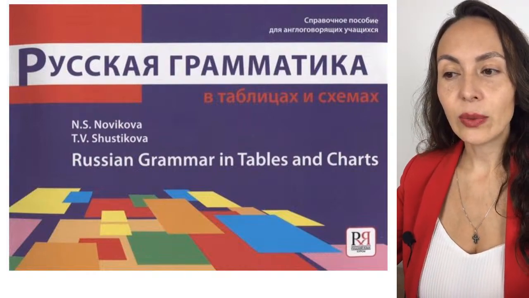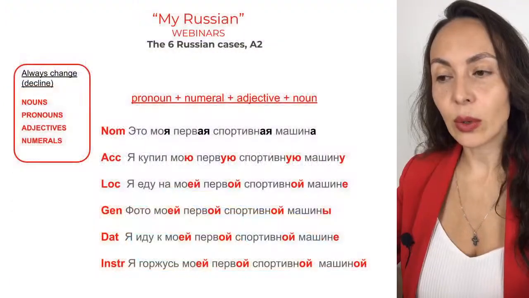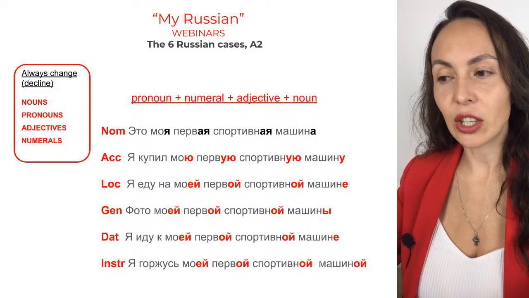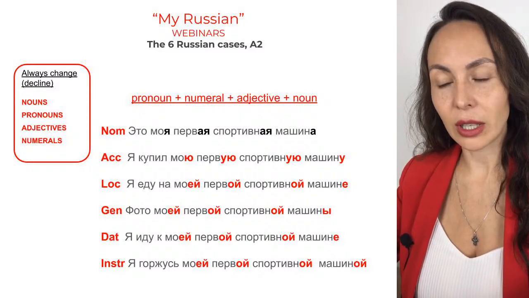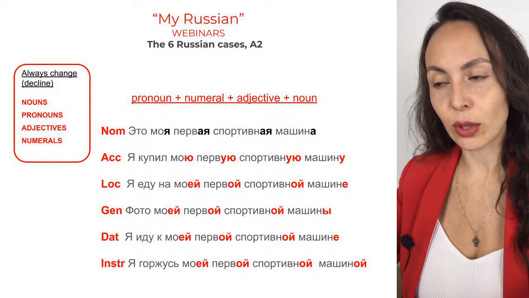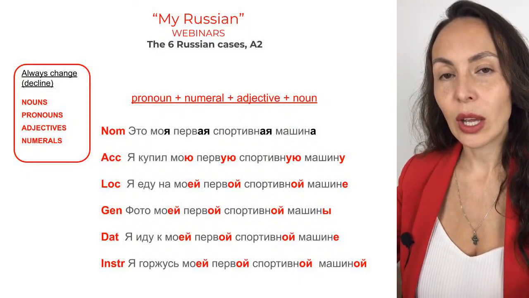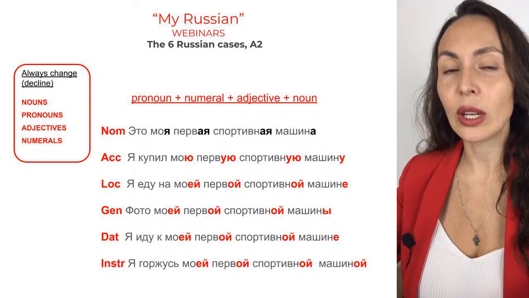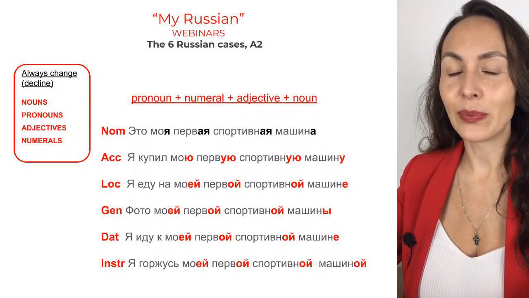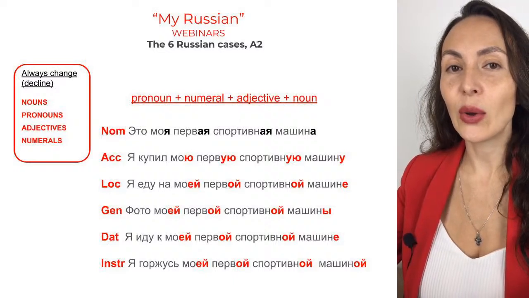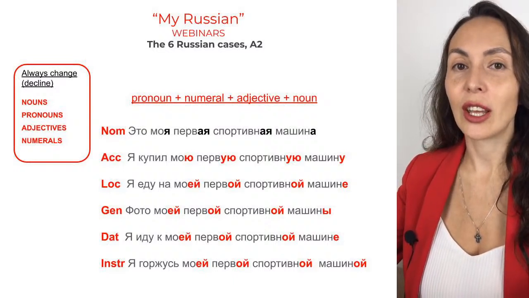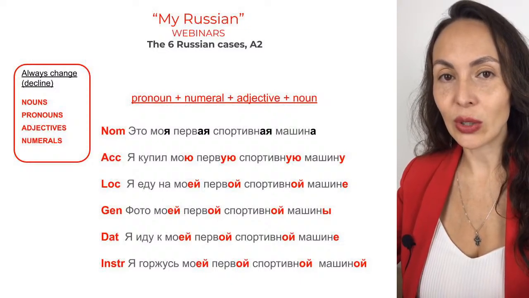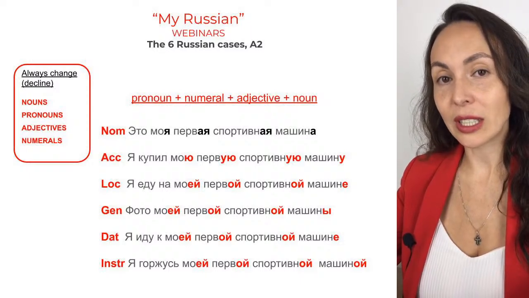Here, you can see that it's quite a lot, right? A lot of endings, a lot of rules. And you have to know that every single case has its own paradigm, its own system of rules of how you have to change every single type of words according to the system of each case.